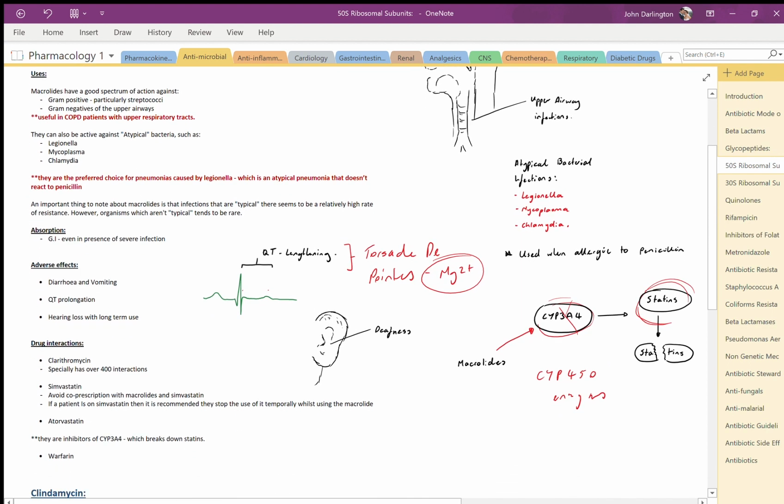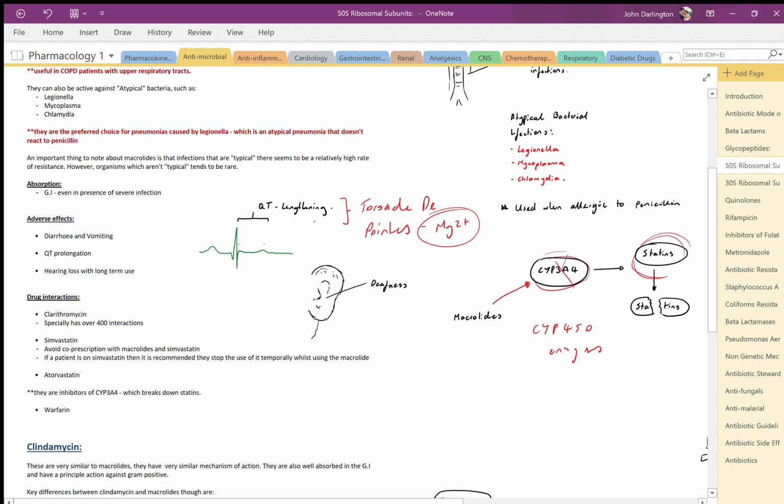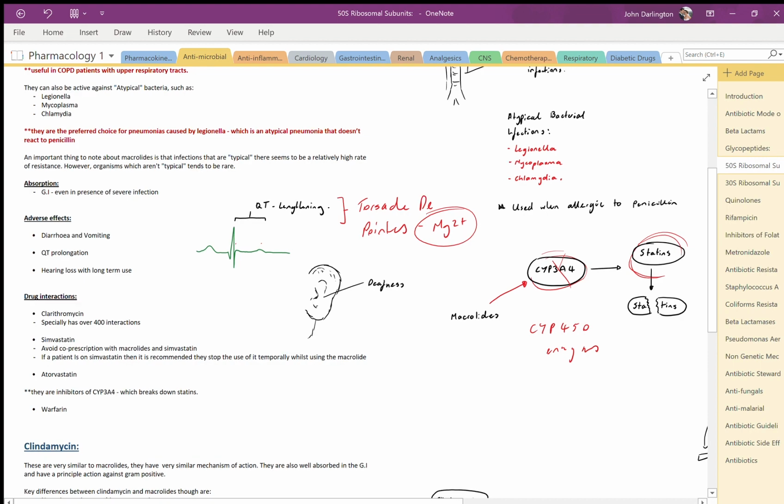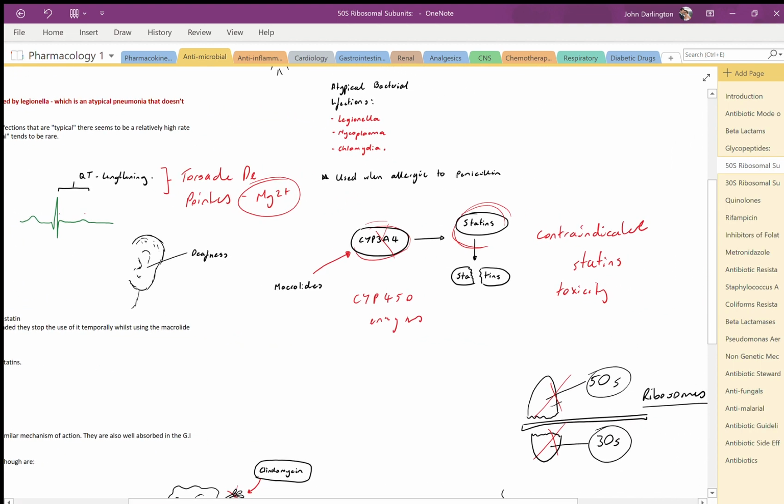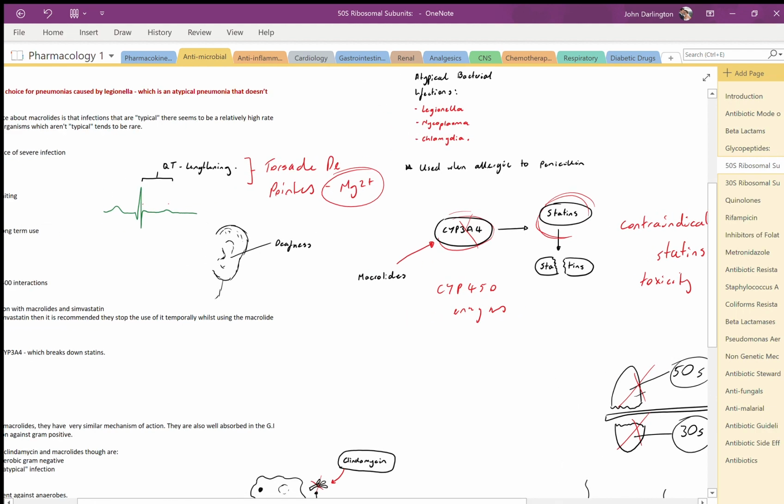Very important side effects are to do with the QT lengthening. It can put them into a fast arrhythmia called torsades de pointes. And very high yield to know is that it's contraindicated with statins because it will increase the level of statins within the blood, which can put them in toxicity, causing rhabdomyolysis.